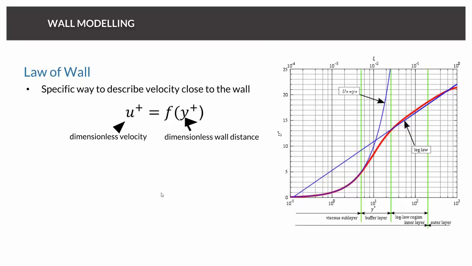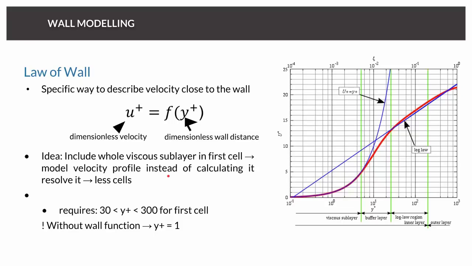And at the end of the day, it allows me to include the whole viscous sublayer of my simulation into the first cell. And then it allows us to model the velocity profile based on this law of the wall, instead of calculating it. And that saves a lot of cells and computing time.